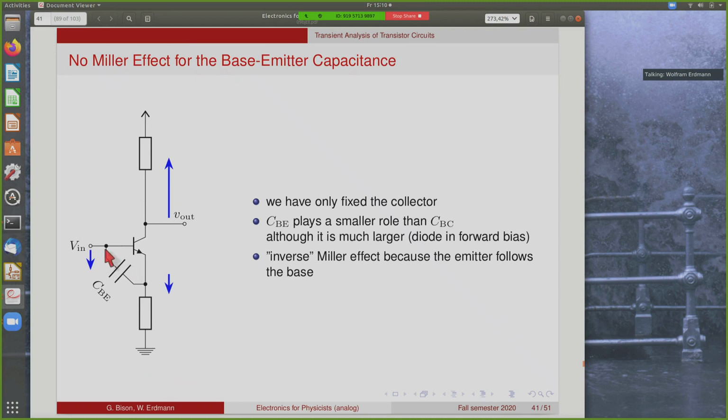So the voltage across the base emitter capacitor is not amplified by any gain. In fact, it's reduced because of the emitter follower effect. So this is sort of an inverse Miller effect. So for the speed of the amplifier, the capacitance at the collector is much more important, at least in this transistor configuration.